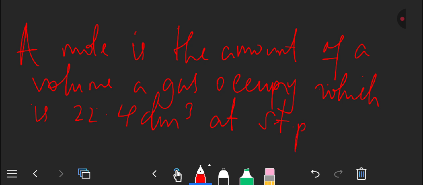So at standard temperature and pressure, we say 1 mole is equivalent to 22.4 cubic decimeter. It is just the volume of a gas which it occupies, equivalent to 22.4 cubic decimeter at standard temperature and pressure.